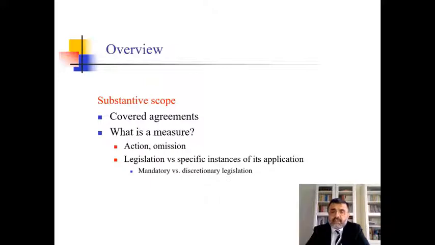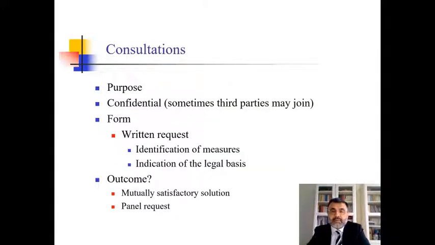So we had cases where WTO members, the complainants, managed to demonstrate to WTO panels the existence and the specific content of certain unwritten measures, and they were able to make claims about those measures. So that is also possible. So the notion of measure is very broad for purposes of WTO dispute settlement.